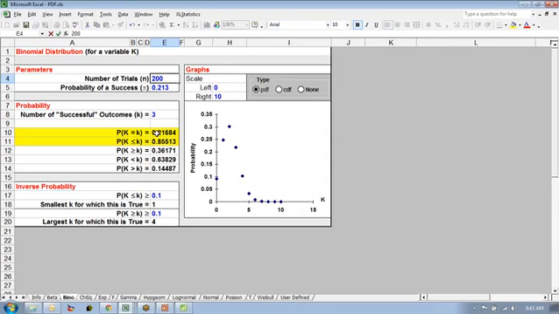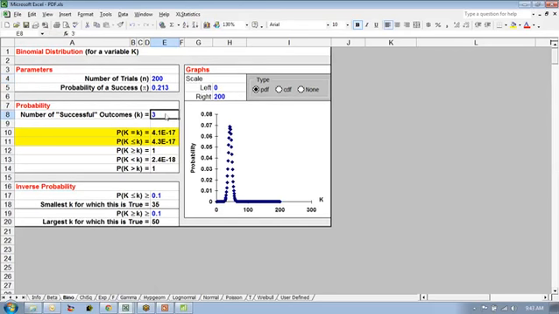What if I want to do my capacity planning? Well, let's assume the worst case scenario. I want to staff so that I'm covering the risk of what if half of them are CGIs, right? So I might want to put in 100 here.